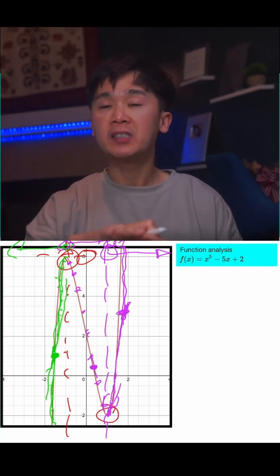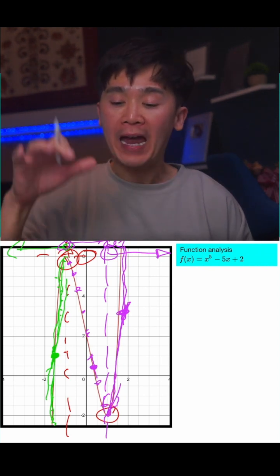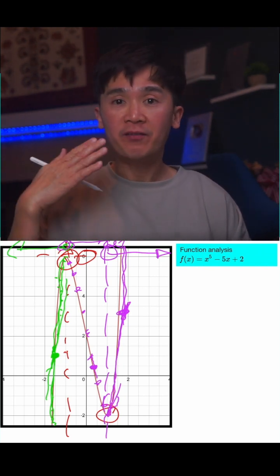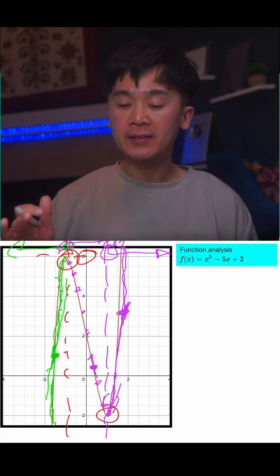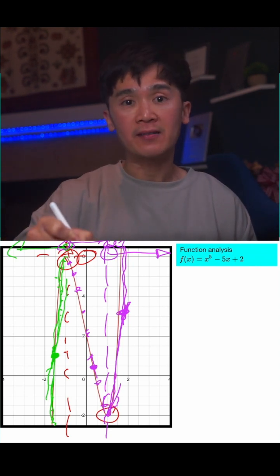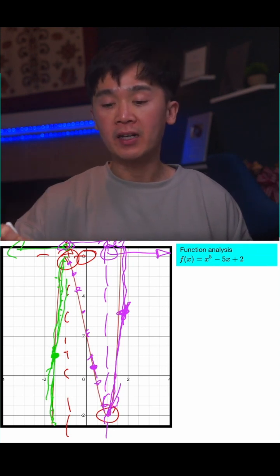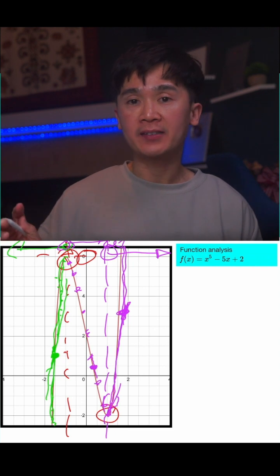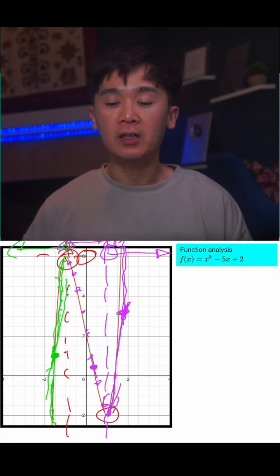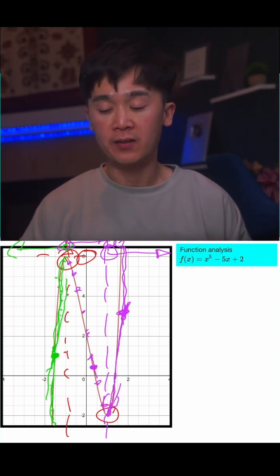So by just observing the graph that is given to us, we can see that the function is increasing in the intervals x less than -1 and x greater than +1, and the function f of x is decreasing in the interval -1 and +1.